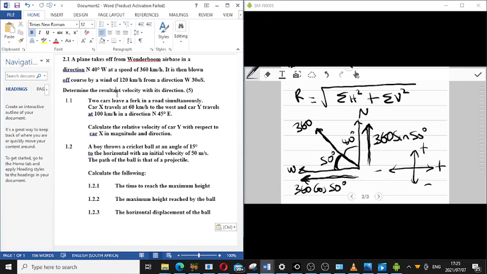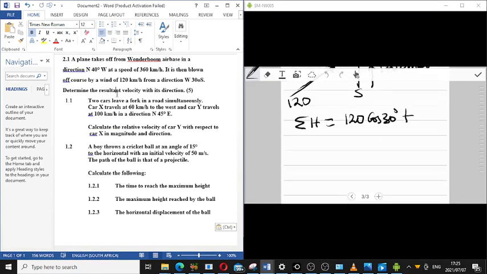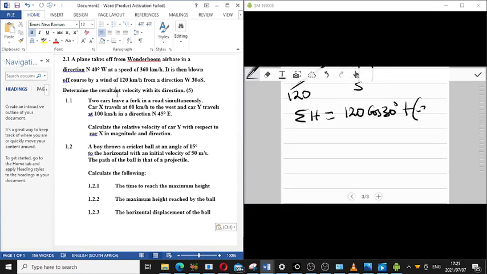So we're going to say 360 cos 50 degrees, but it's minus, so we're going to say minus 360 cos 50 degrees. In other words, it will be the summation of the horizontal component: 120 cos 30 degrees minus 360 cos 50 degrees.